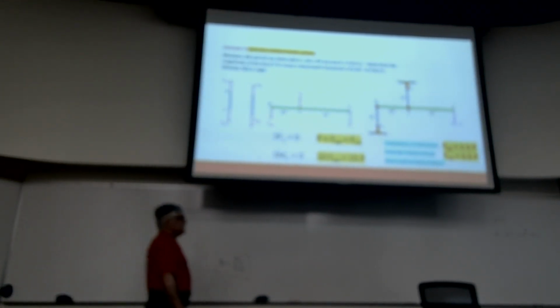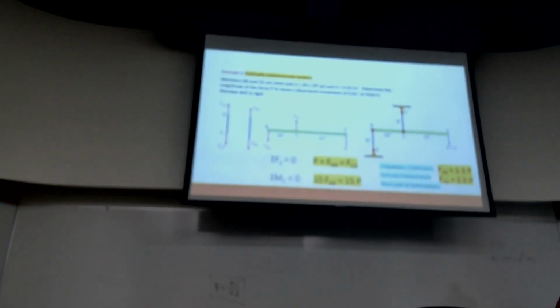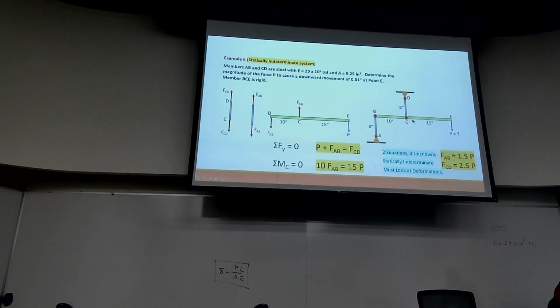Next example, in which we have the green member assumed to be rigid, and then we have two vertical members, AB and CD.